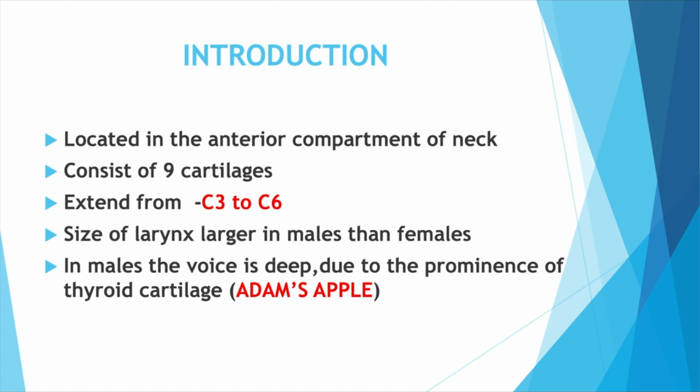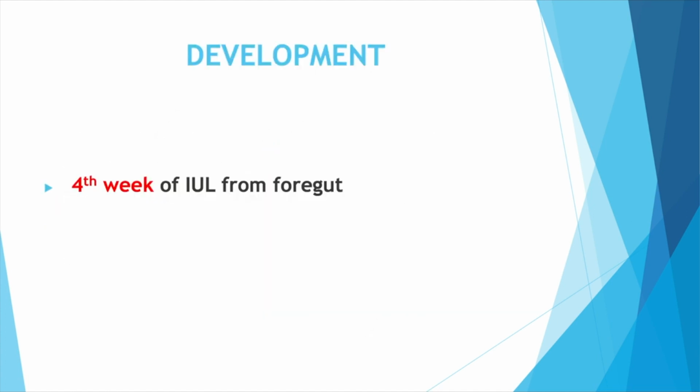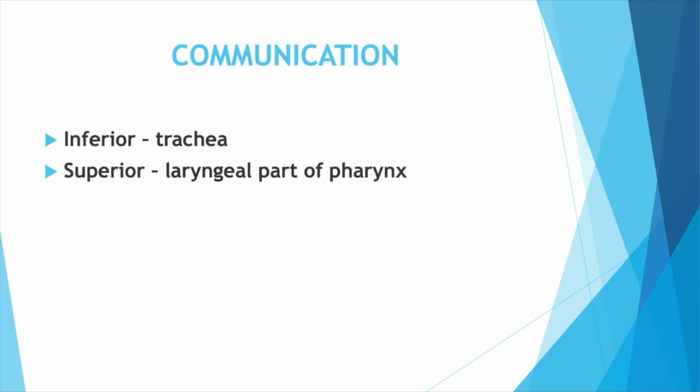In males, the voice is deep due to the prominence of thyroid cartilage, known as Adam's apple. Development: 4th week of intrauterine life from foregut. Communication: inferiorly trachea, superiorly laryngeal part of pharynx.